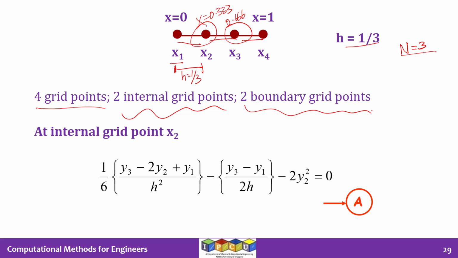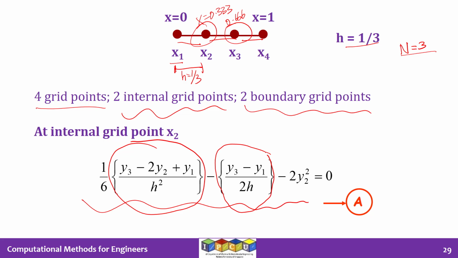So what we do is we take the ODE and we represent it in terms of the finite difference approximation at the internal grid point x2. So when we do that, we get this equation. This is the approximation for the second derivative with truncation error of the order of h squared. This is the finite difference approximation for the first derivative with truncation error of the order of h squared.